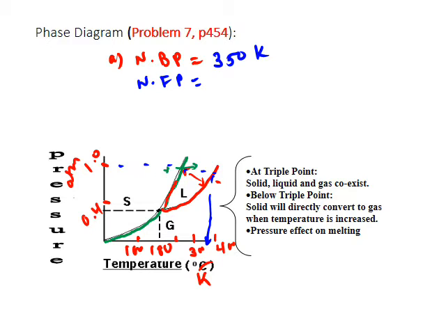I'm going to extend the blue line downward, and it would go somewhere here, around 250K. So normal freezing point would be 250K.